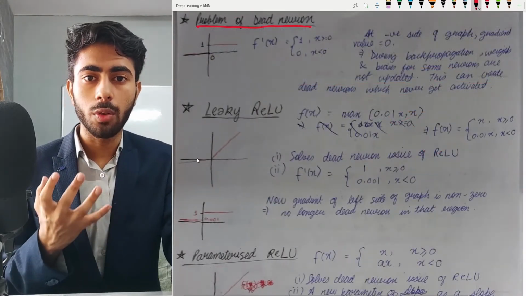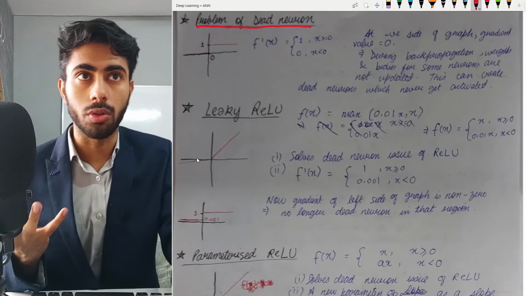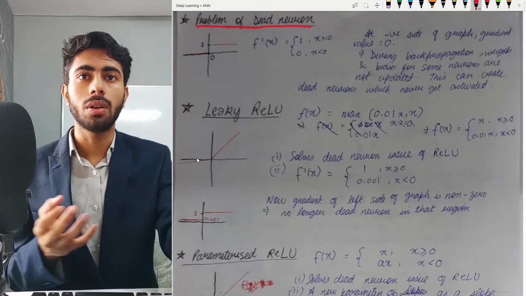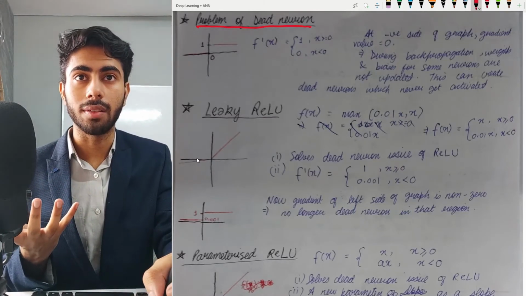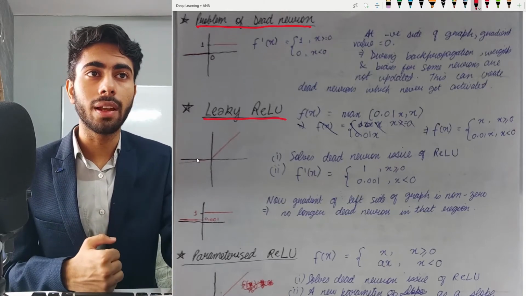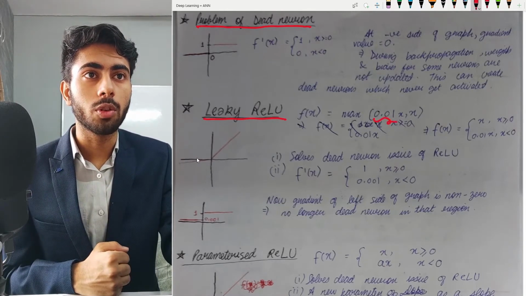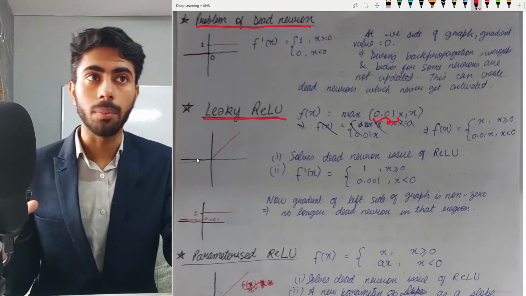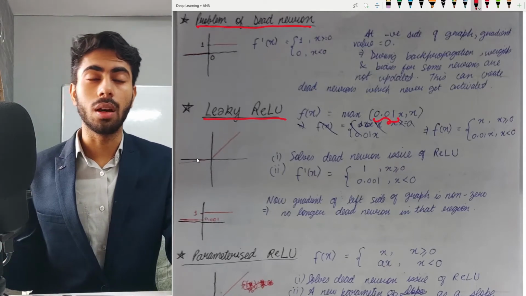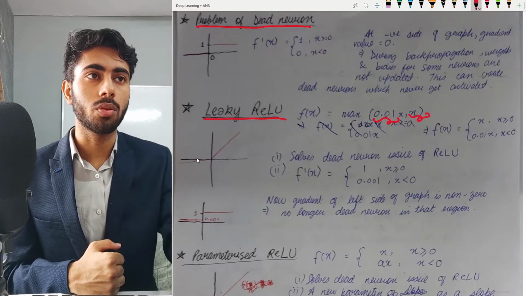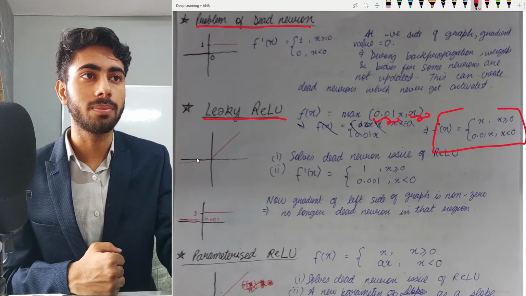So the problem with the ReLU function is that of dead neurons. In order to solve that issue, a new kind of ReLU was developed, that is leaky ReLU. In leaky ReLU, whenever you pass a negative input, the output is going to be 0.01 multiplied by the input, and whenever we pass a positive input, the output is going to be the same. So our function looks something like this.